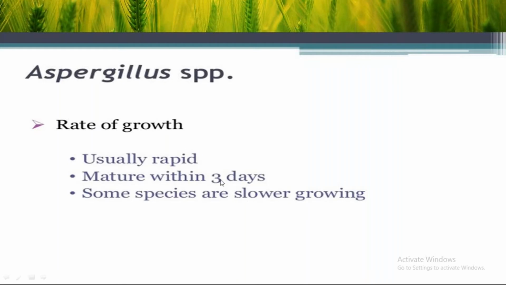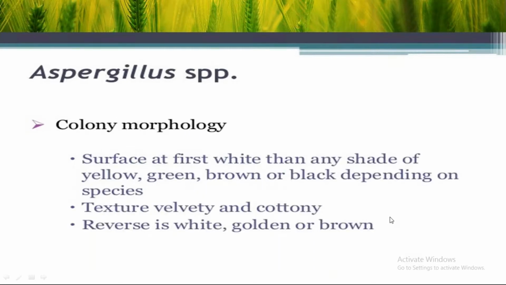Rate of growth: suppose you grow it on Sabouraud's dextrose agar, the rate of growth is usually rapid. They mature within 3 days, and some species are slower growing. That is, the surface at first will be white. You have seen in the pictures also. They will be white and then they can change to any shade of yellow, green, brown or even black depending on the species.